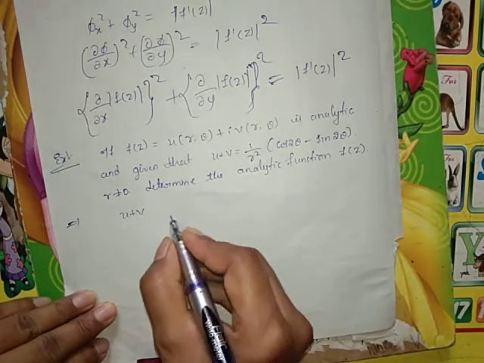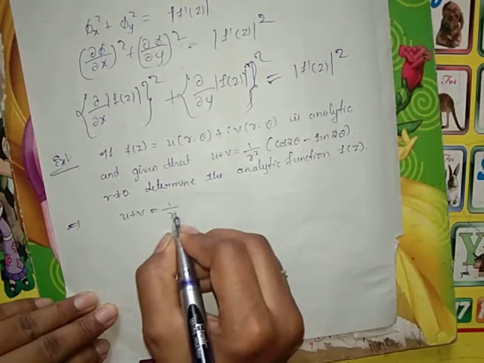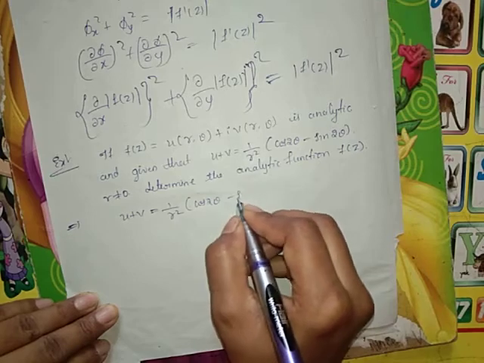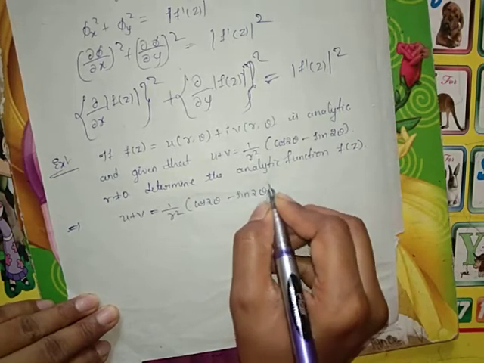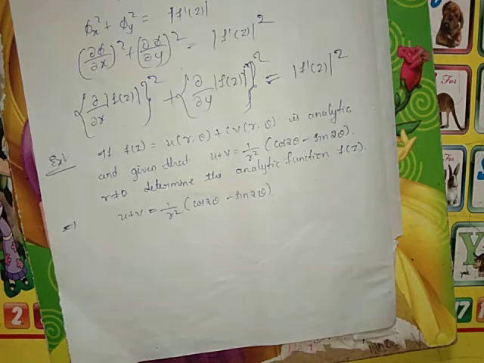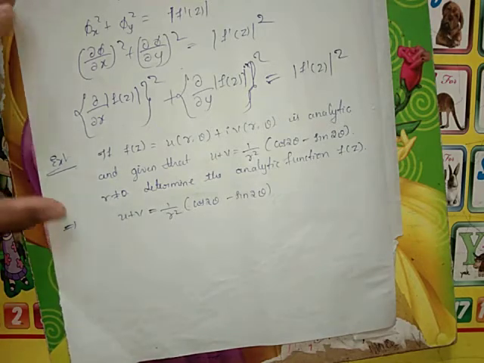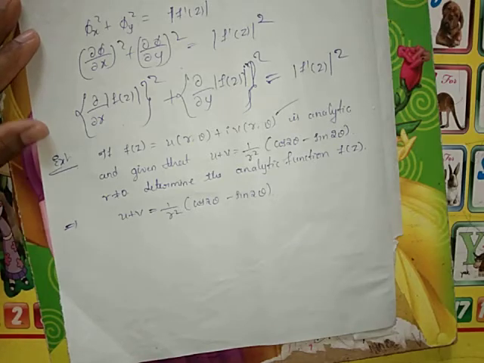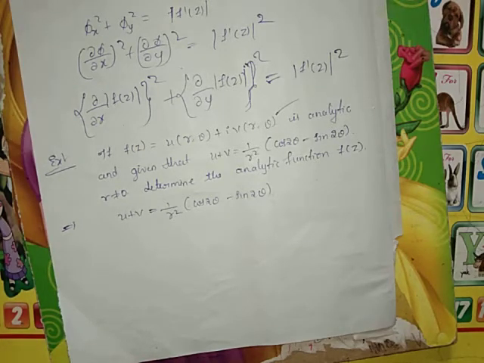So u plus v is equal to 1 by r square of cos 2 theta minus sin 2 theta. Here they told the given function is analytic, and the function is given in polar form. So if the polar form is given, we have to use the polar substitutions and polar equations only.